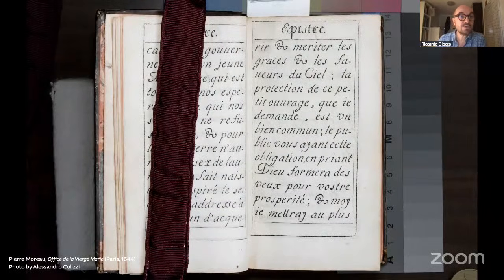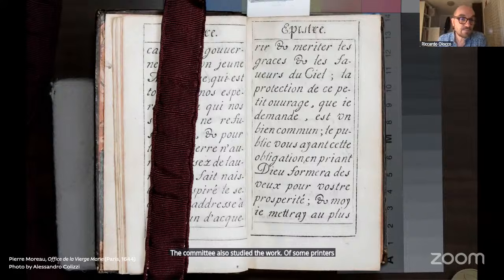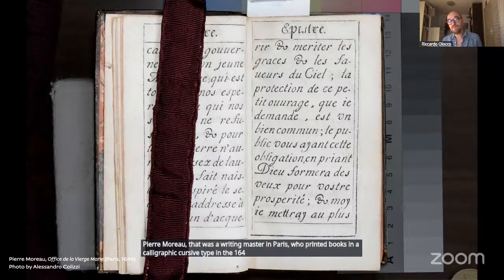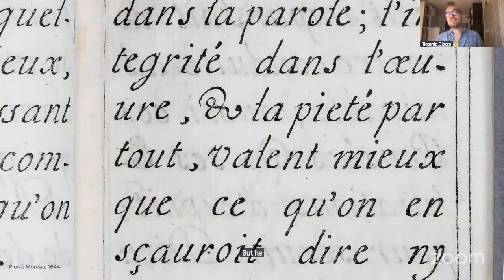The committee also studied the work of some printers, such as Pierre Moreau, who was a writing master in Paris, who printed books in a calligraphic cursive type in the 1640s. We know very little about Pierre Moreau, but he basically hired a punch cutter to cut a type according to his calligraphic style. And we see the letters are quite peculiar.